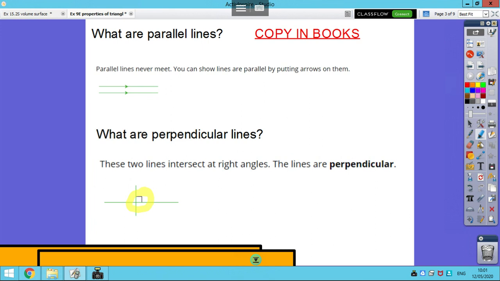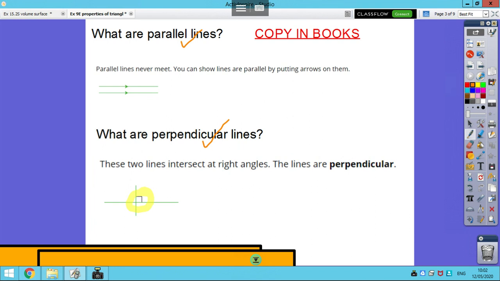If we see that two lines are perpendicular, we put a little box between them to show that they're intersecting at a right angle. So these two properties, being parallel and being perpendicular, are kind of opposite to each other, aren't they? Because parallel lines will never meet, and perpendicular lines meet at a right angle.